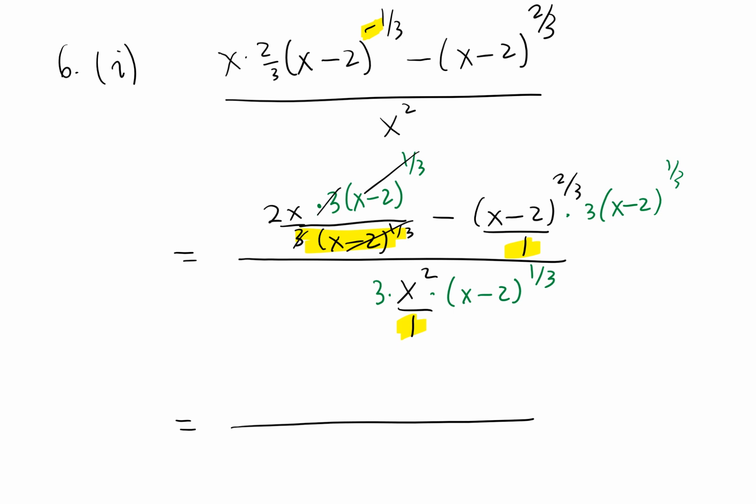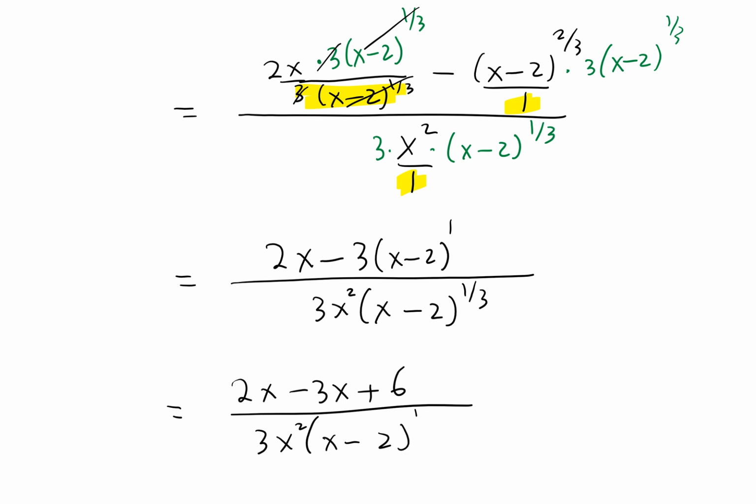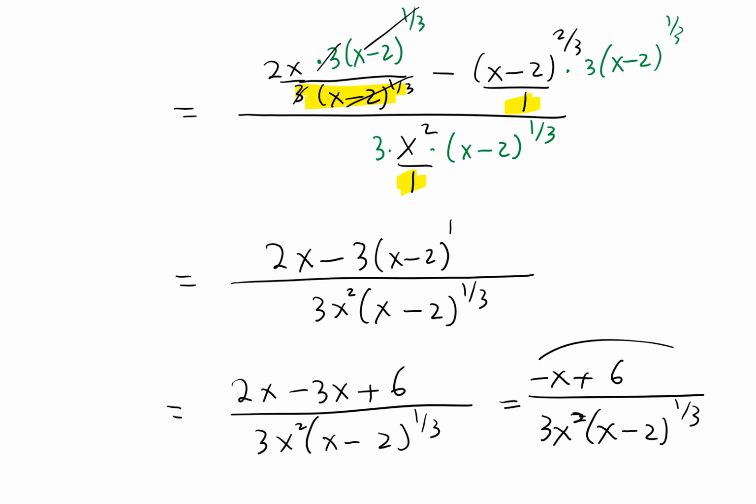These cancel, 2x minus x minus 2 to the 3/3, which is 1, over 3x squared, x minus 2 to the 1/3. Next, 2x minus 3x plus 6 over, keep this the same. And the last step, you get negative x plus 6 over 3x squared times x minus 2 to the 1/3.